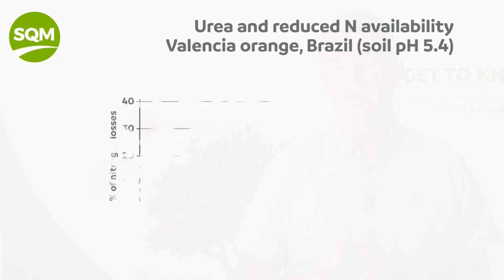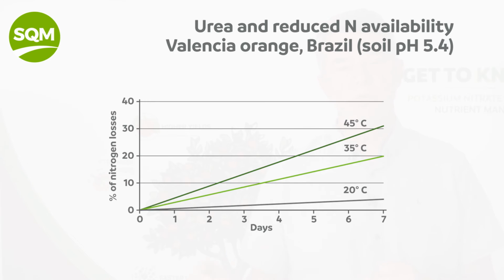If you look at the graph on the right, that percentage of loss is definitely affected by soil temperature. So the percentage of nitrogen lost is on the y-axis versus days on the x-axis, and you can see the 3 different temperatures shown, and your greatest loss is with higher soil temperatures.